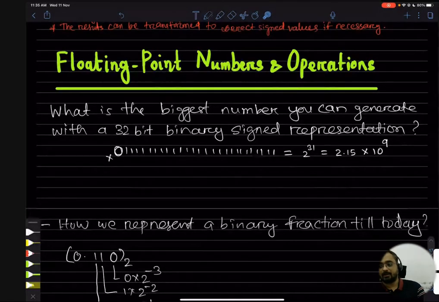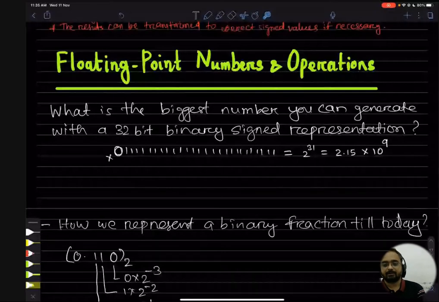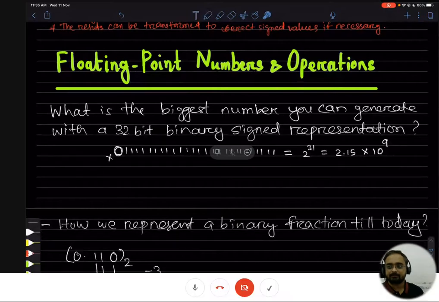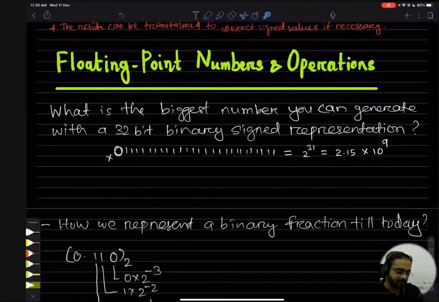Avogadro's number, Graham's number. Okay, and what about the size of an atom? It will be in minus something. Okay, so as it is a signed number, it will be plus or minus this one.